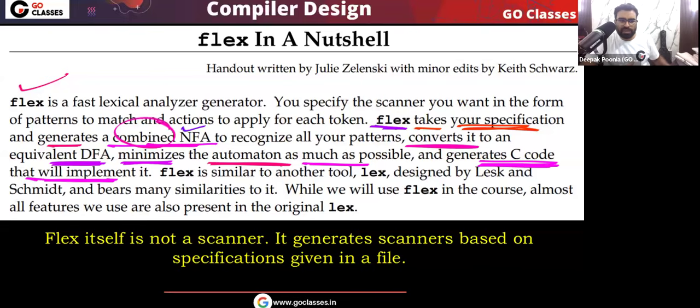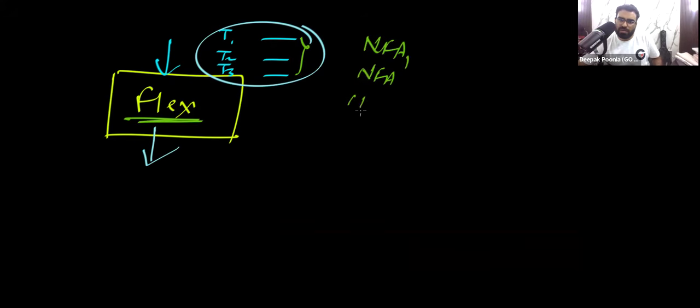So remember what this flex software will do. To this flex software, you just give your specification: token, regular expression, token, regular expression, token, regular expression. You give this specification because you want to generate a lexical analyzer. For every regular expression an NFA will be generated.